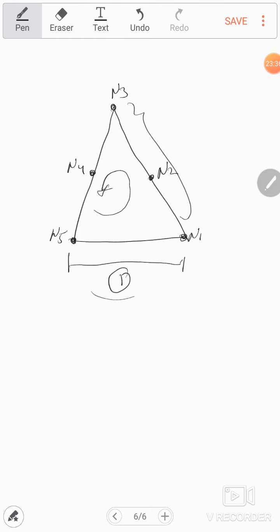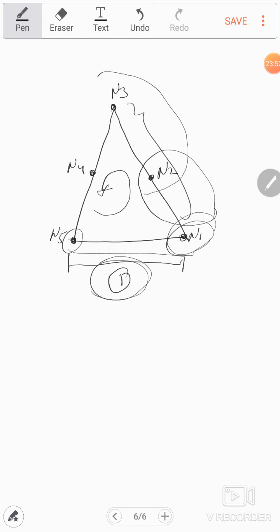This is the first element, element number 1, from node 5 to node 1. Here the second element is from node 1 to node 2, element 3 from node 2 to node 3, element 4 from node 3 to node 4, and the last one, element number 5, from node 4 to node 5.